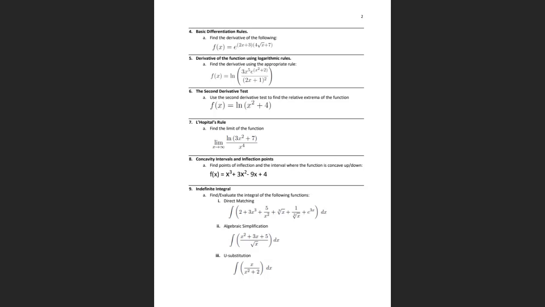Okay, just to confirm, we said that -1 to infinity is concave up and -infinity to -1 is concave down. Yeah. And then the inflection point is -1, 15. Would that be the y value? Yeah, the y value of the inflection point. Okay.